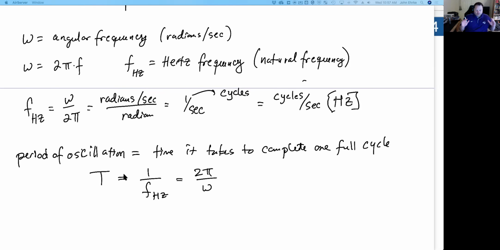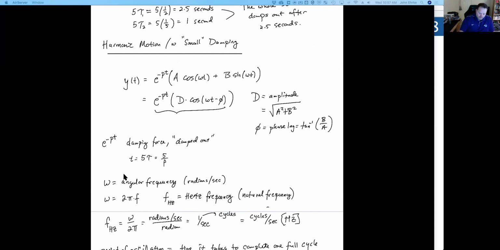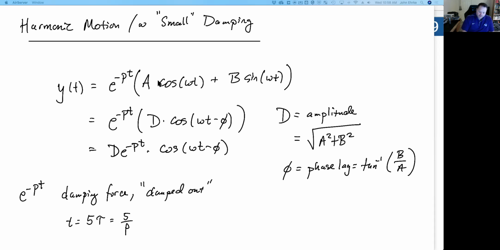All right. What I want to come back to is how the solution is going to look when we have a small amount of damping. What you actually end up with is a wave. So you get d e to the minus pt times cosine omega t minus phi. This part gives the wave-like structure, the oscillation.